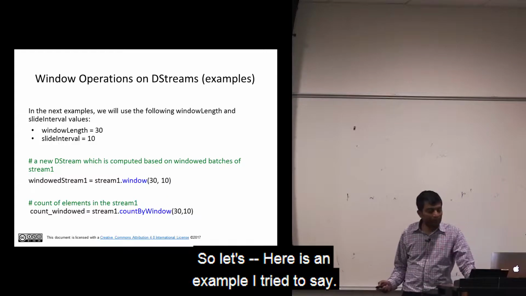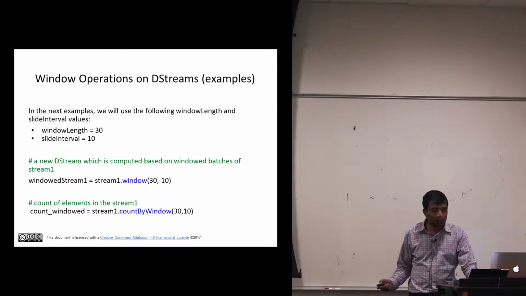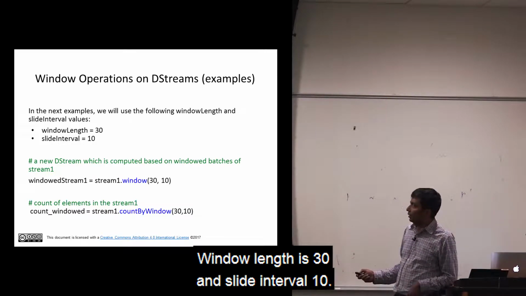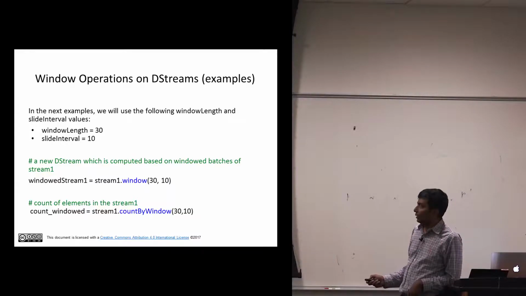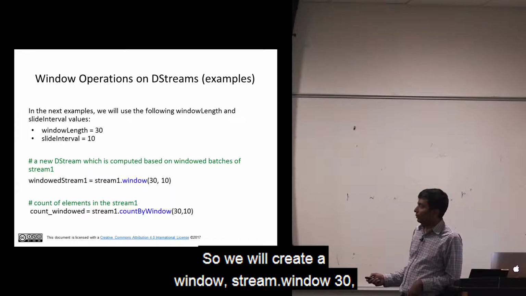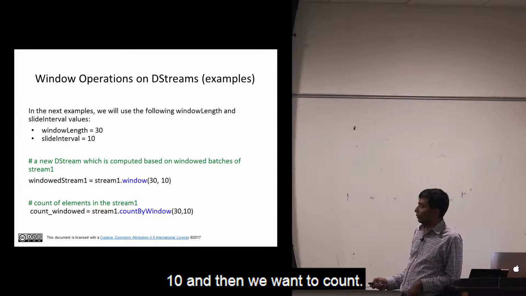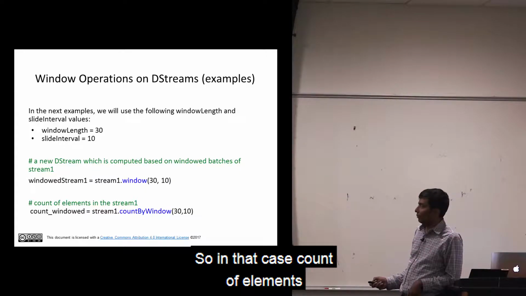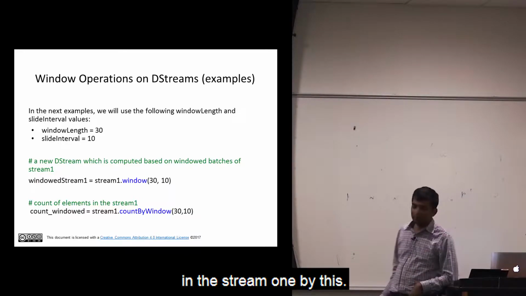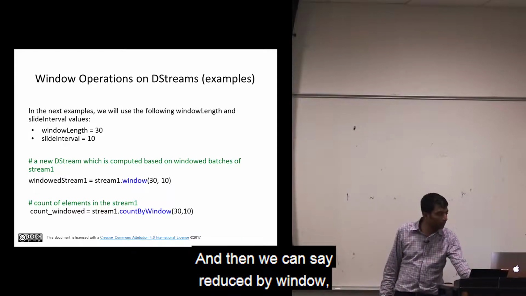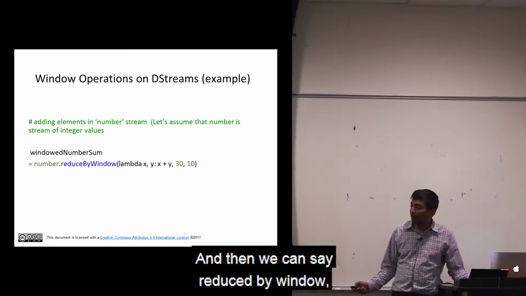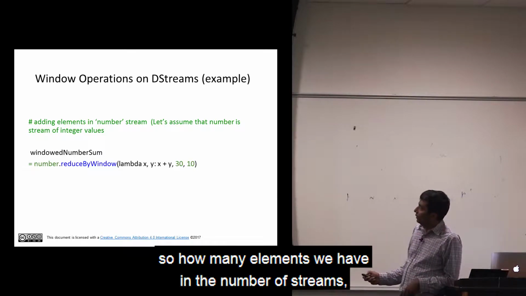So let's say here is an example. Window length is 30 and sliding interval is 10. So we will create a windowed stream, stream.window(30, 10), and then we want to count. So in that case, we get the count of elements in the stream by this. And then we can say reduceByWindow.